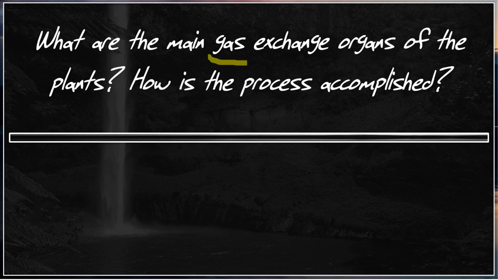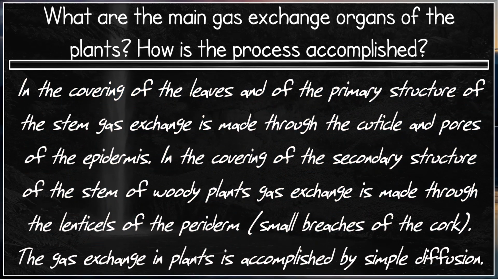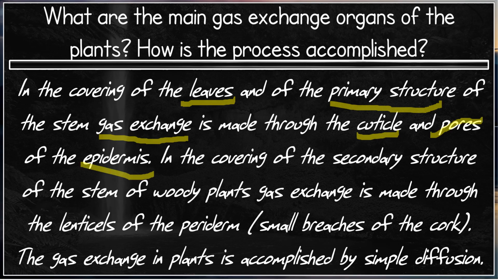What are the main gas exchange organs in plants? How is the process accomplished? In the covering of the leaves and of the primary structure of the stem, gas exchange is made through the cuticle and pores of the epidermis.